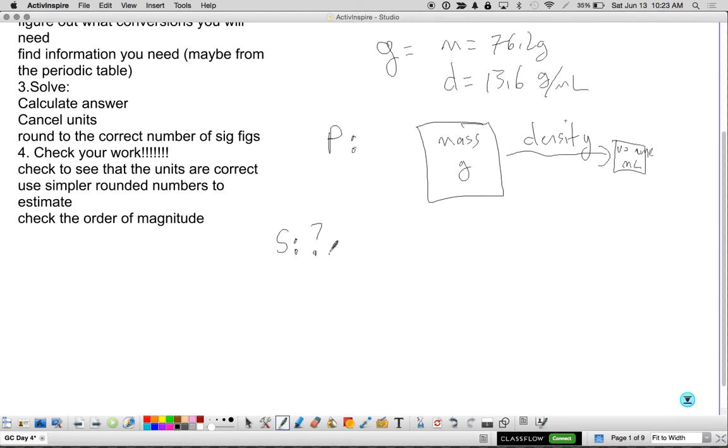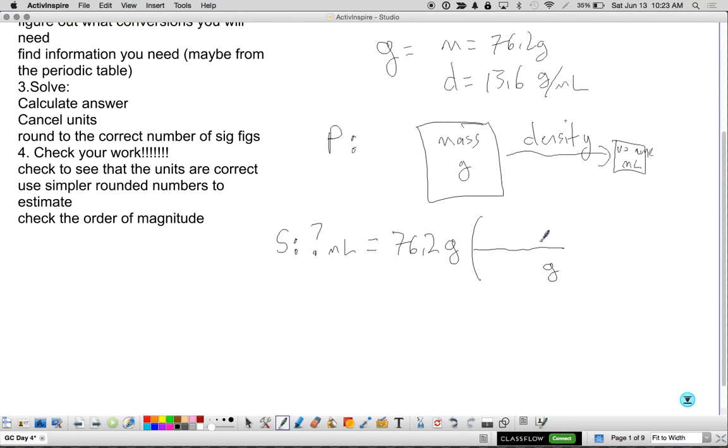So question mark milliliters equals 76.2 grams, and then I write my grams down here. And I know I have density, which converts between mass and milliliters and can be either grams per centimeters cubed or grams per milliliter, which are equivalent.